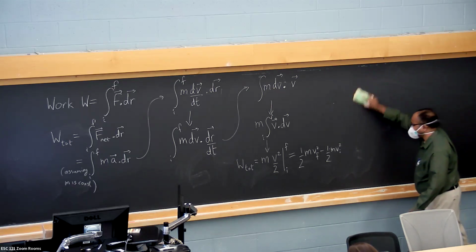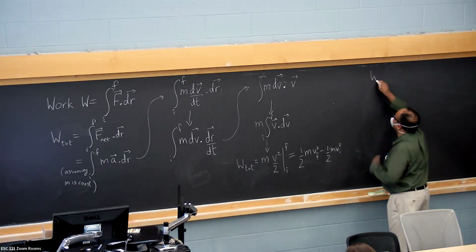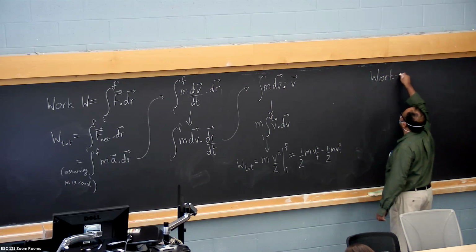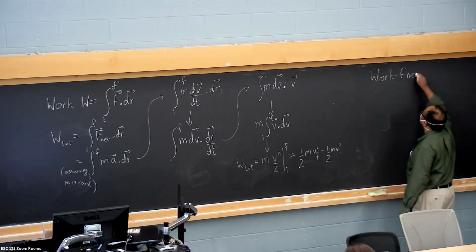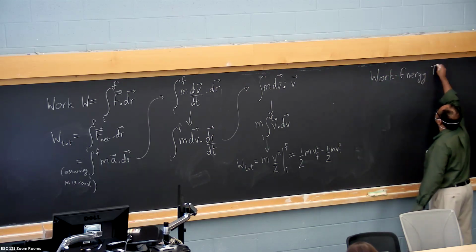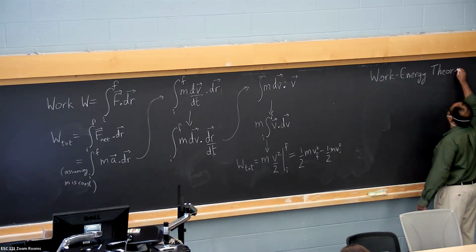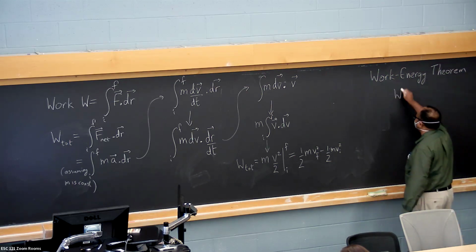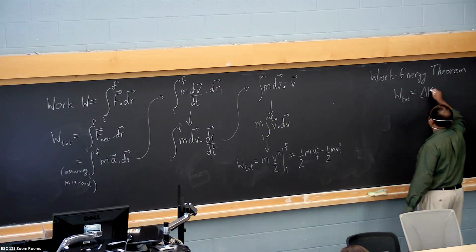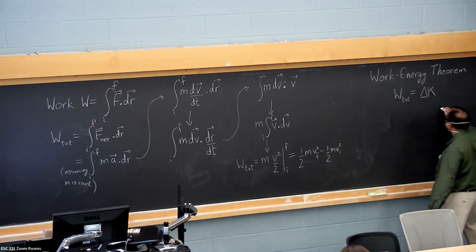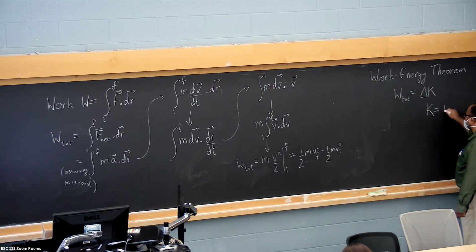So that is the work energy theorem: the total work or net work done on a system is equal to the change in kinetic energy, where K is 1/2 m v squared.